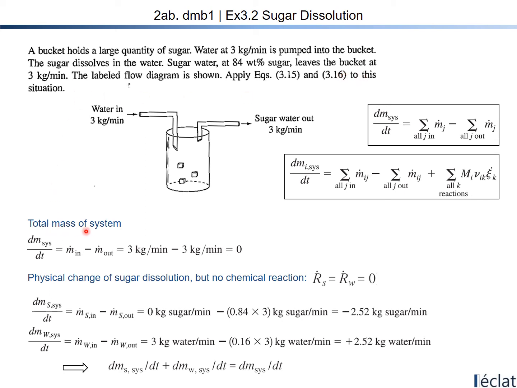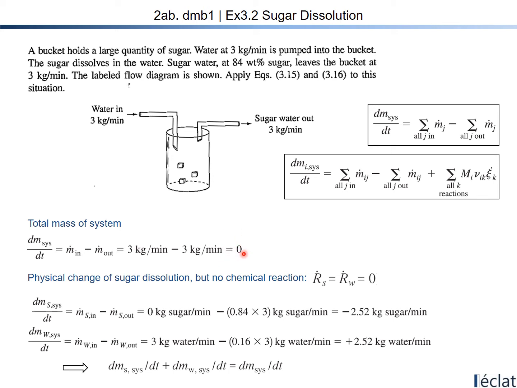For the total mass of the system, dm/dt, accumulation, is equal to in minus out, which is 3 kg per minute for the input minus 3 kg per minute for the output. So dm/dt goes to 0.